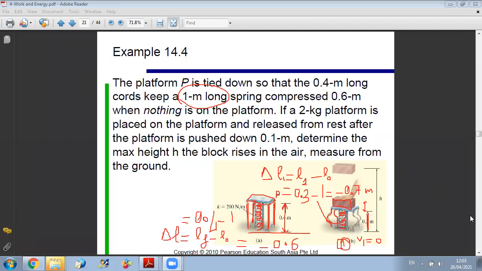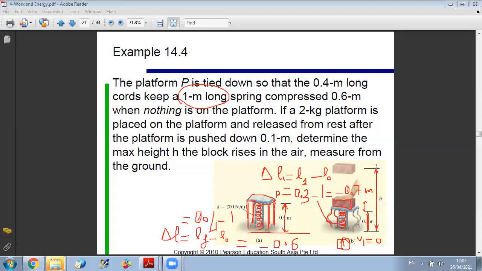Now I will remove my hand, and when I remove my hand, the block will begin to go upward. So we will have conversion of potential energy to kinetic energy. Okay, now let us see what will happen. The question is, what is the maximum height reached by the block? You can do this problem in several ways.